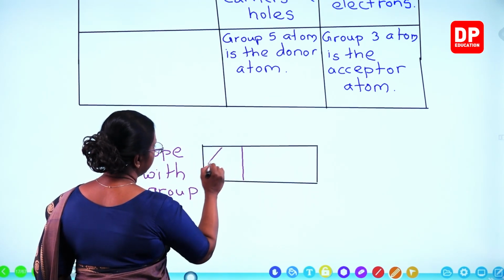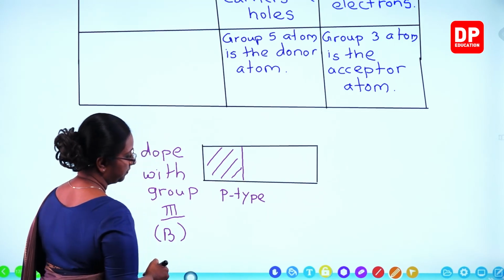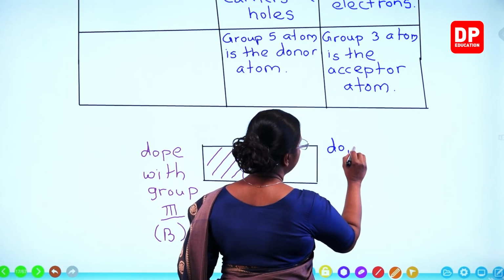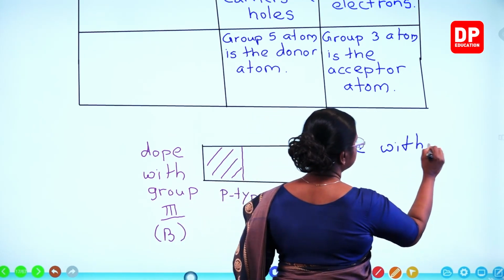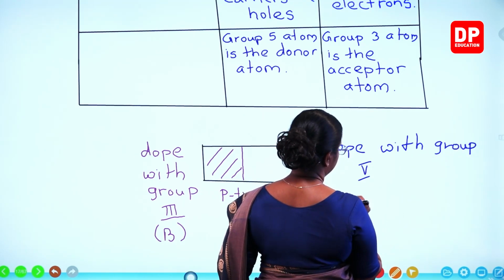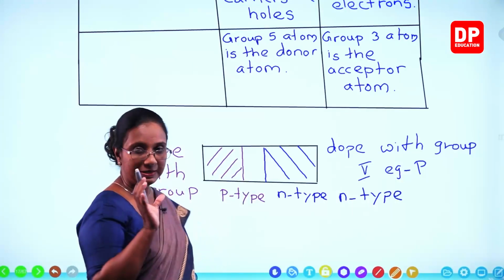Part of this will become a P-type semiconductor. At the same time, on this side, we dope with group 5. For example, phosphorus. Then it will become N-type. So here on this side, it will become N-type. And in between, there will be a region.